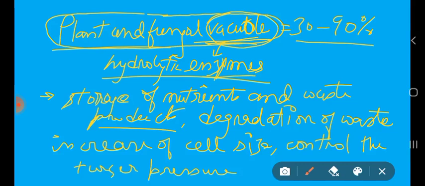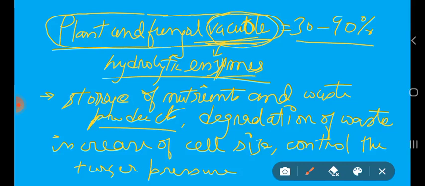If there is change in the osmotic pressure of the surrounding cell, then they will transport the sugars and amino acids to maintain that turgor pressure. So this is about the fungal and plant vacuole, which is similar to the animal lysosome found within the animal cells. So they perform a variety of functions.